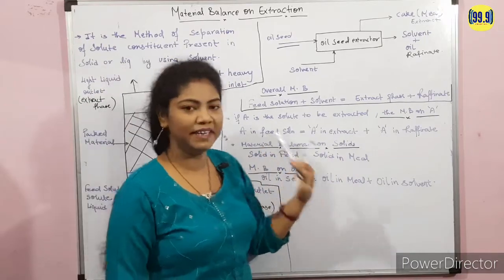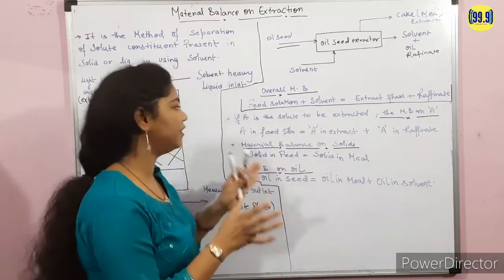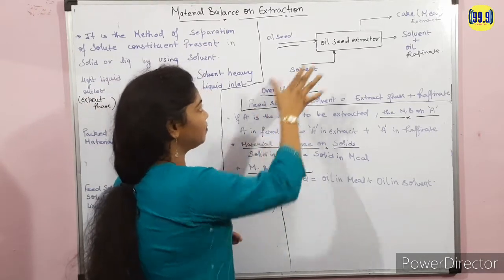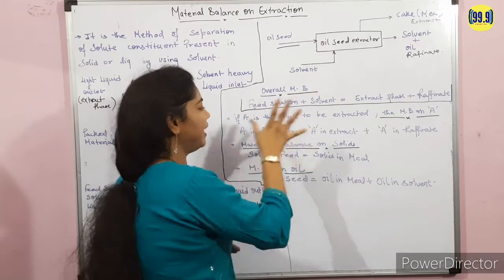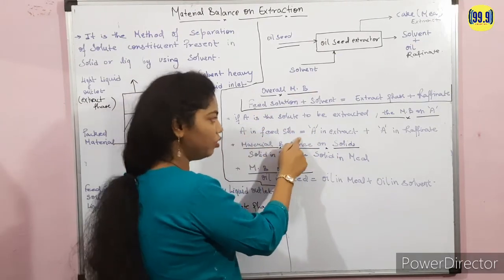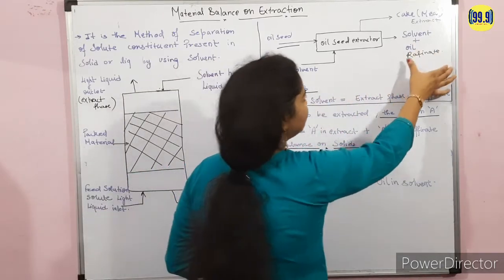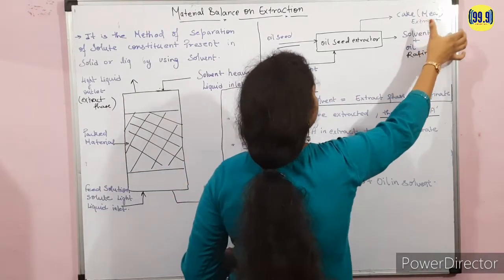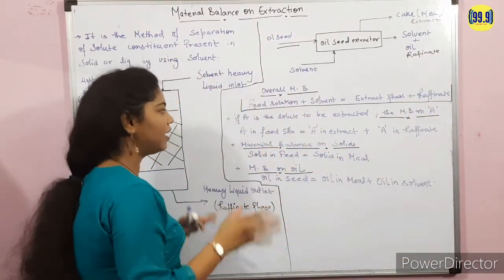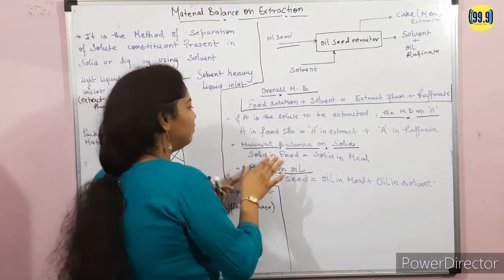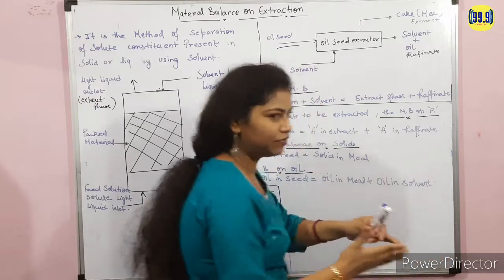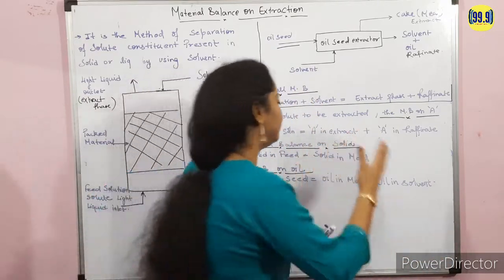We apply the material balance on the A constituent, that is the solute. So the material balance on A is: A in the feed solution is equal to A in the extract phase plus A in the raffinate phase.